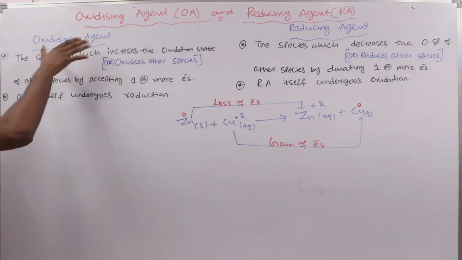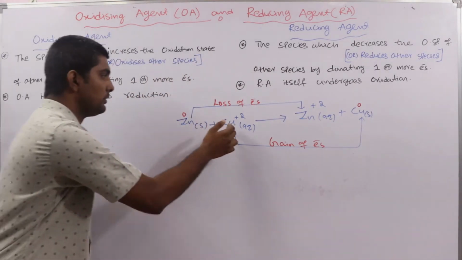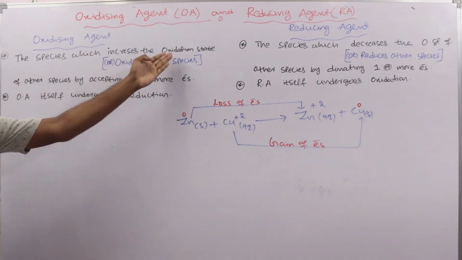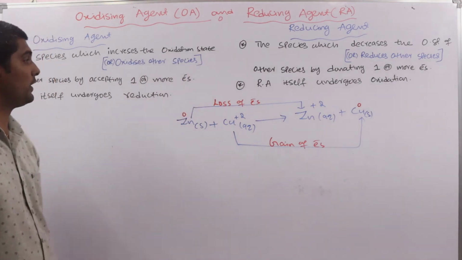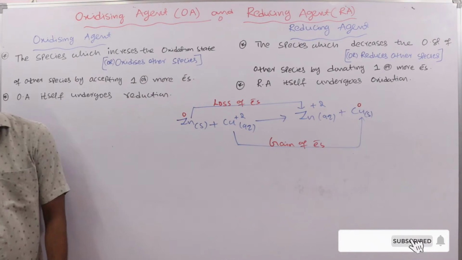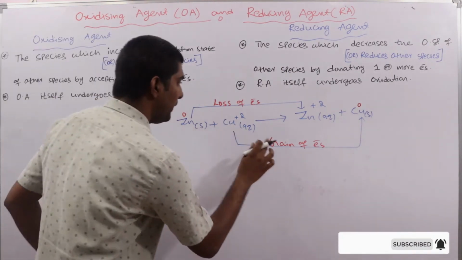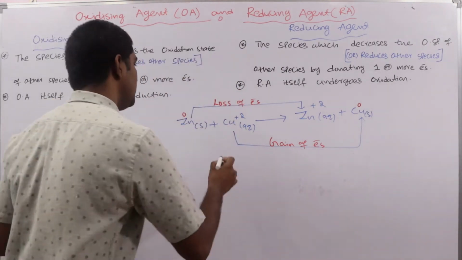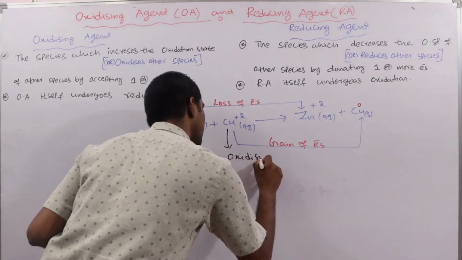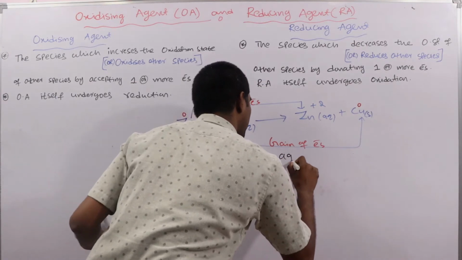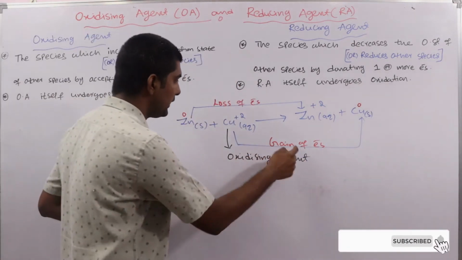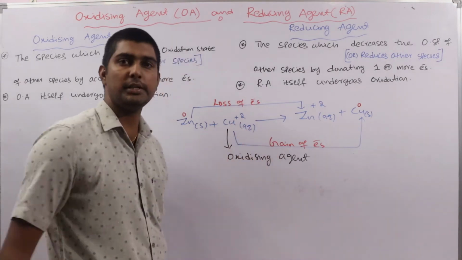Now oxidizing agent, in these two, which is the oxidizing agent? The species which increases the oxidation state of other species by accepting one or more electrons. See here, this copper is gaining electrons, means this is the oxidizing agent. Yes or no? Copper plus 2 is gaining electrons here, so that's why it is the oxidizing agent.